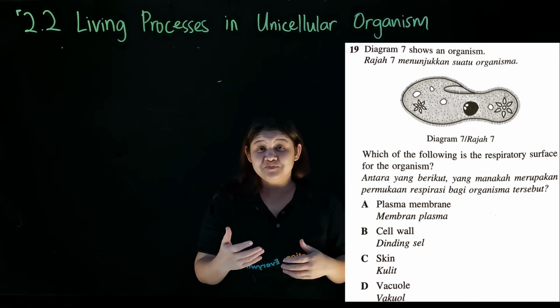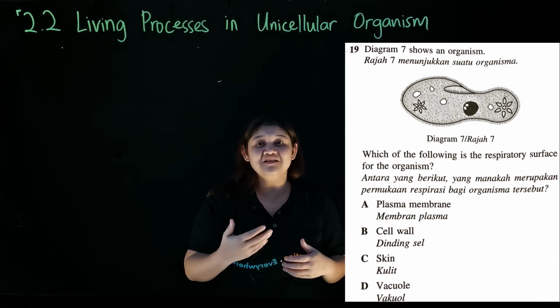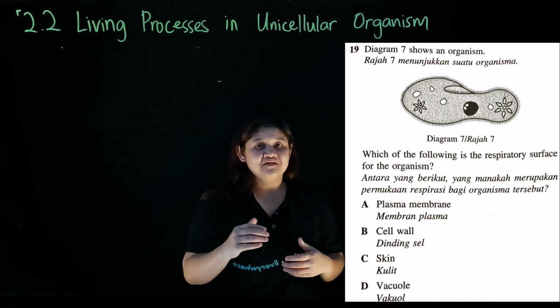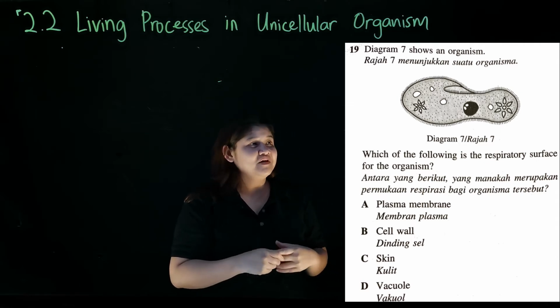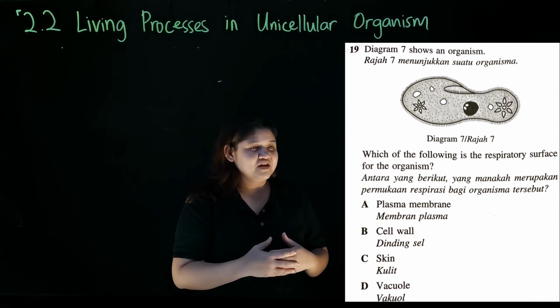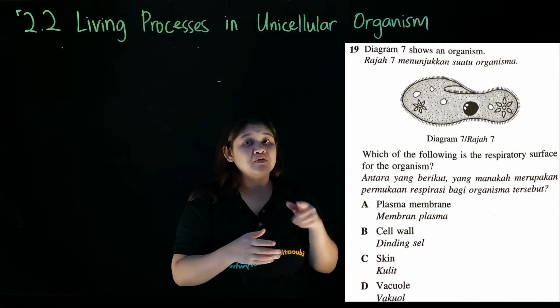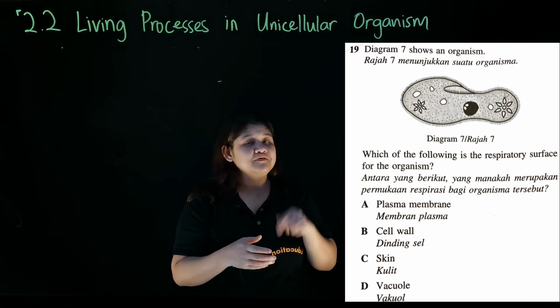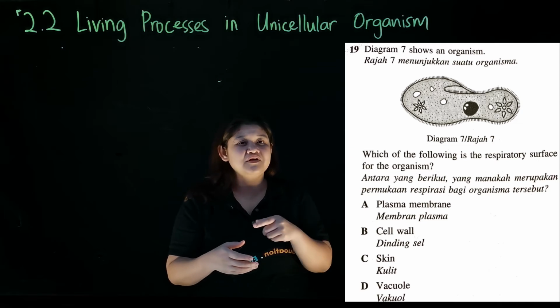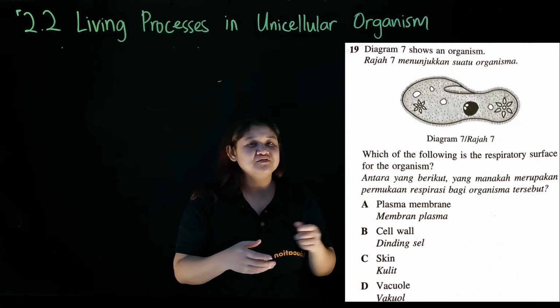Okay, when we say respiratory, meaning that breathing, okay, oxygen in, carbon dioxide out, alright? So the options are, we have A, plasma membrane, B, cell wall, C is skin, D is vacuole. Okay, now if you need to think, pause the video, think, or if you don't know the answer, please rewind the video, watch it again, and then come back to the question.